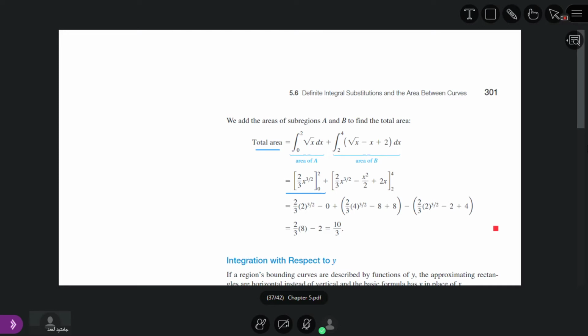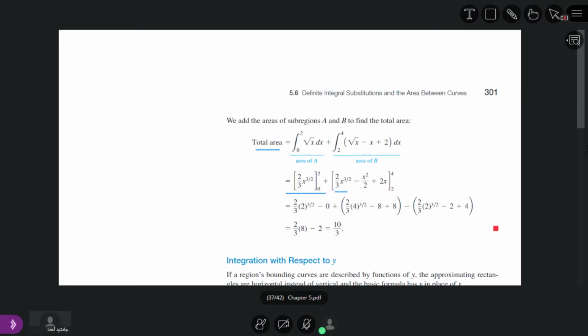From lower limit 0 to upper limit 2. Similar to this, the integral of x power 1 by 2 is x power 3 by 2 divided by 3 by 2, which becomes 2 by 3. What is the antiderivative of x?